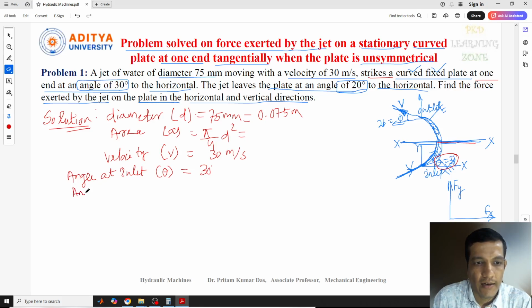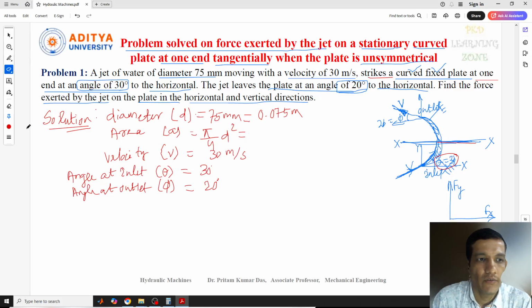Similarly, the angle at the outlet is phi, which is 20 degree as per the question. These are the data given in this question.